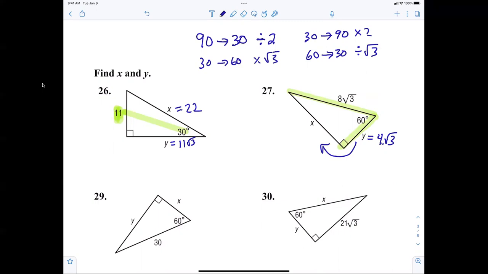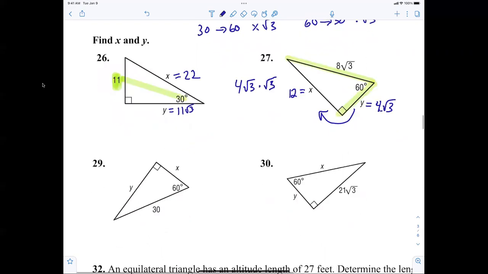Multiply by radical 3 because you're getting bigger. So now you have to remember how to do 4 radical 3 times radical 3. What's radical 3 times radical 3? 3. You can say radical 9, but you should just say 3. Then 3 times 4 is what? 12. Anybody have any issues with that?